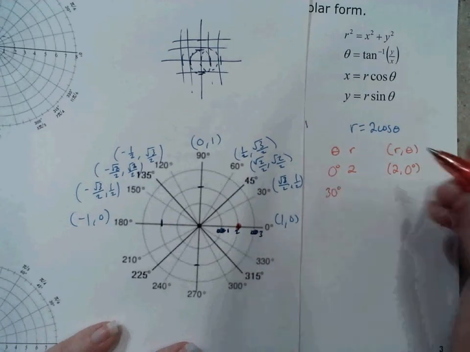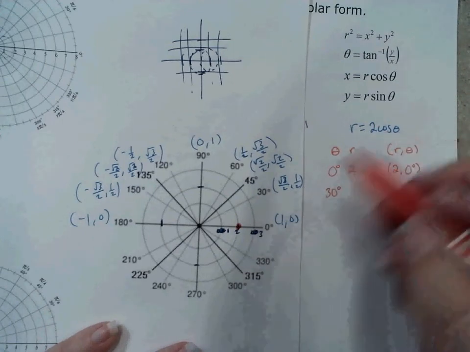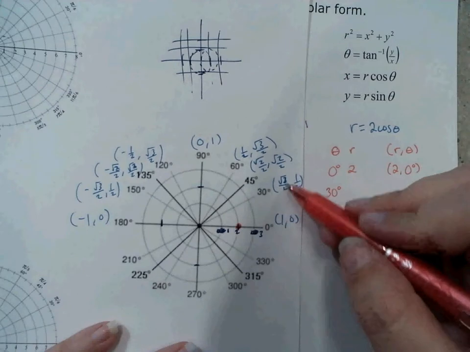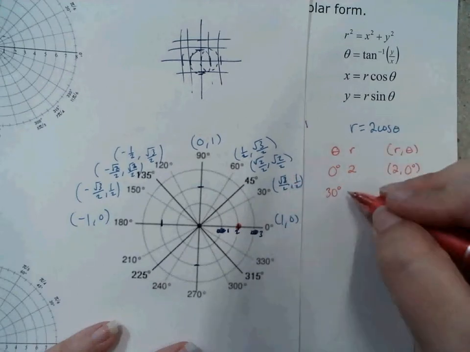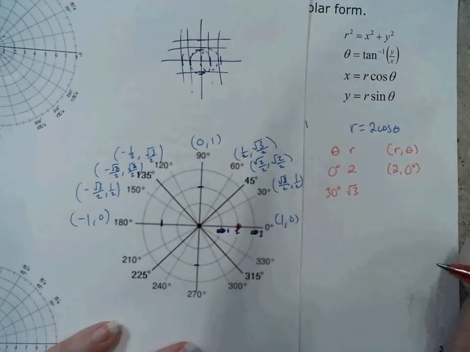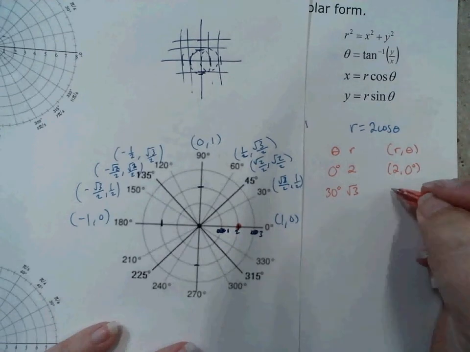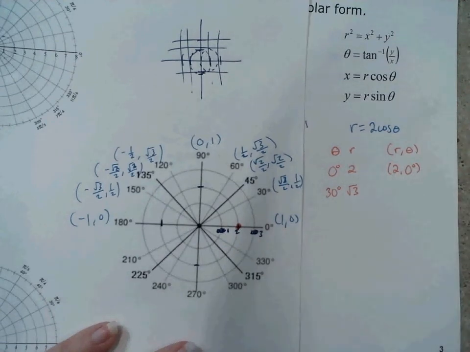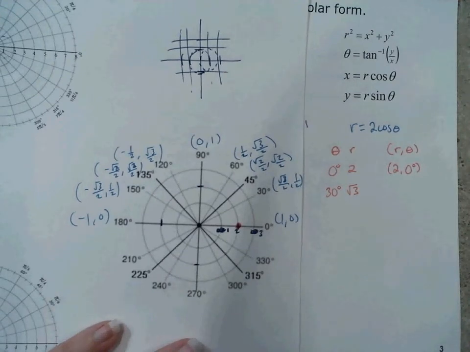Now let's go 30 degrees. That would be cosine of 30, which is square root of 3 over 2. Square root of 3 over 2 times 2 is square root of 3. Now square root of 3 is 1.7 something. I'm just going to check real quick.